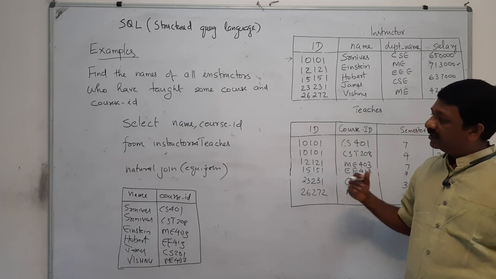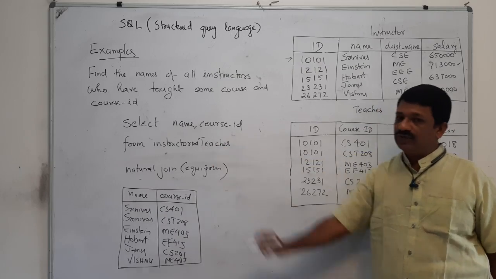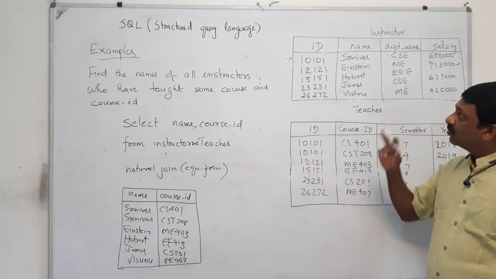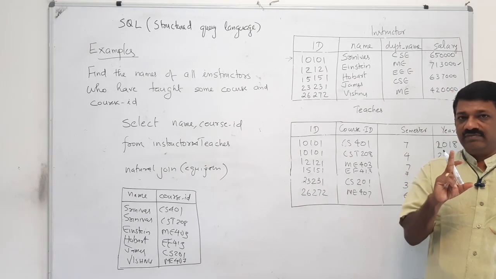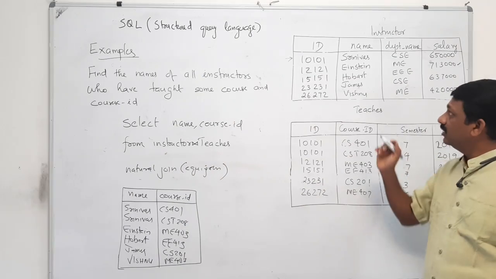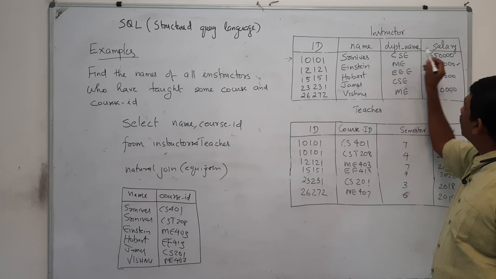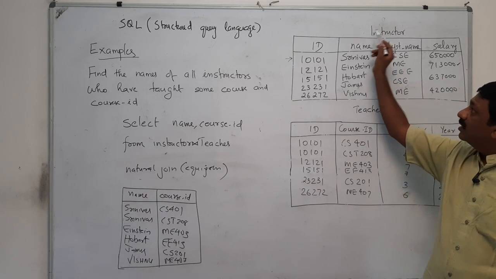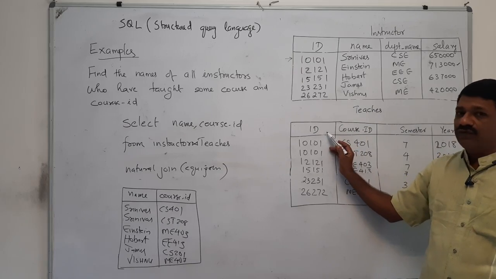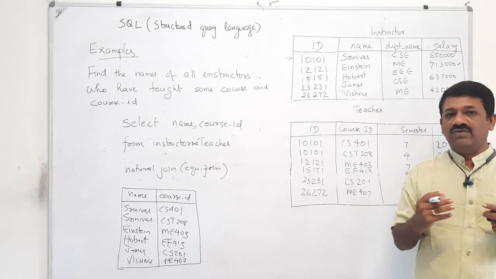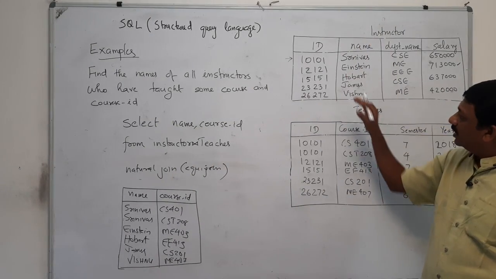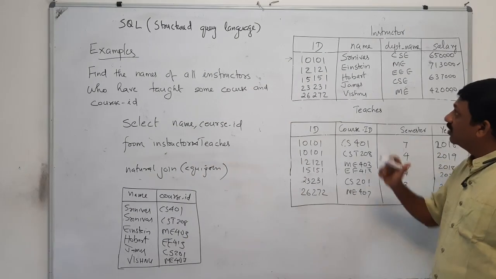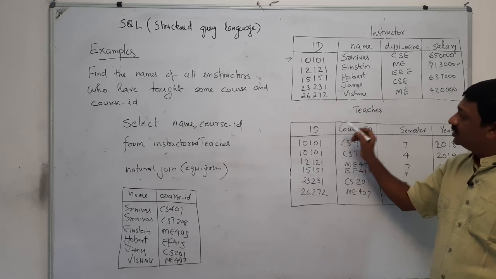But when you take the equijoin of these two, the new table will have only a single ID attribute. The name, department name, salary, course ID, semester and year will be there, but the ID of this and the ID of this are merged, and it keeps only a single one, where instructor.id equals teachers.id.